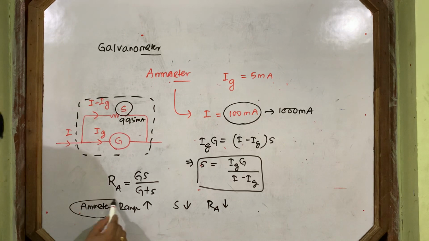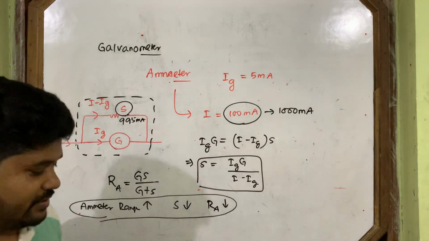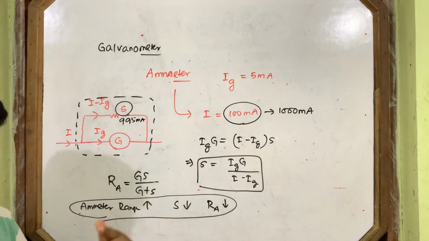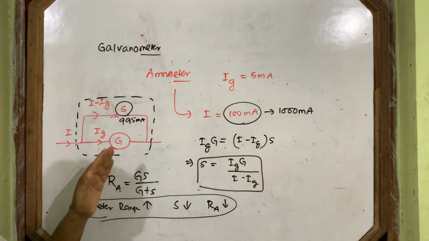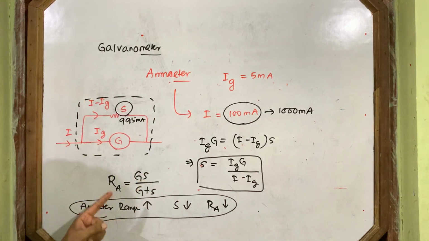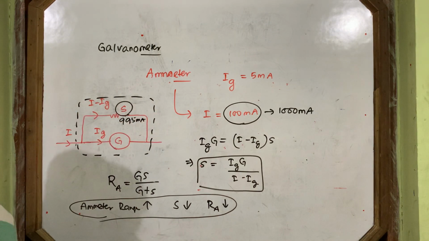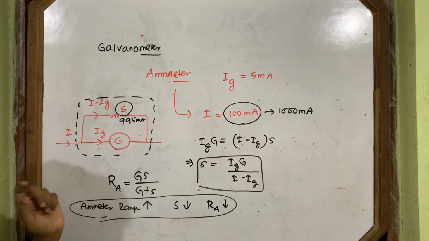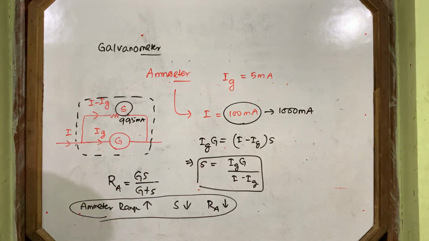See this clearly. Very important, this question comes in the exam. If you increase the range of the ammeter, then you have to decrease the shunt, because all the extra current will pass through that shunt. The galvanometer will not compromise. If more current has to pass, the shunt has to decrease. If the shunt decreases, then the ammeter resistance also decreases.